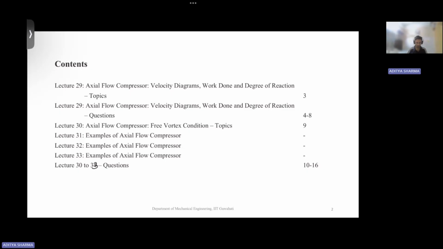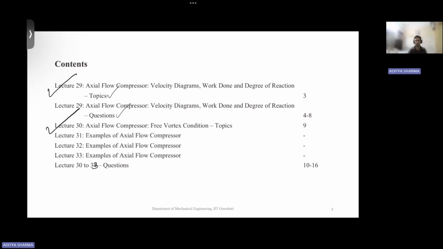Lecture number 29 is axial flow compressor, its velocity diagrams, work done, and then degree of reaction. Then there are topics related to it and questions related to it. After that, we have lecture number 30, which is on free vortex condition.